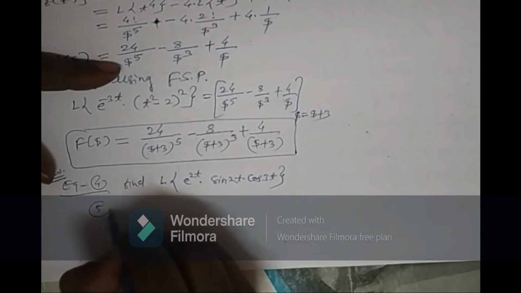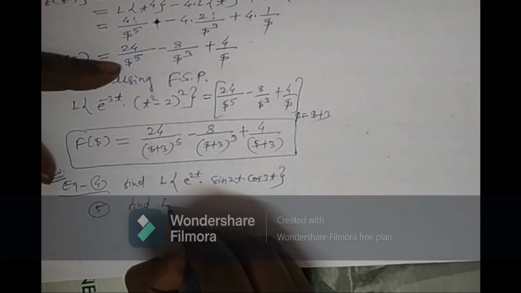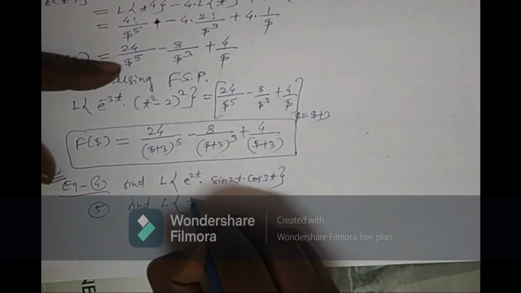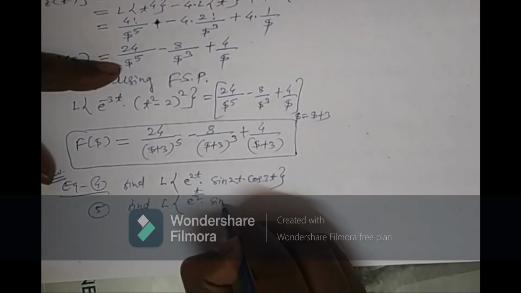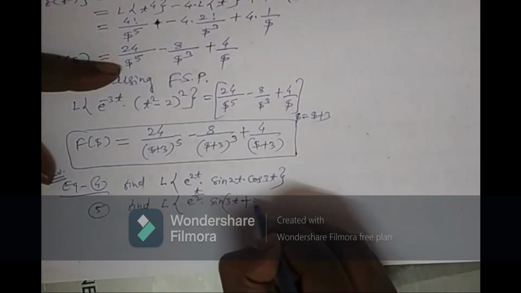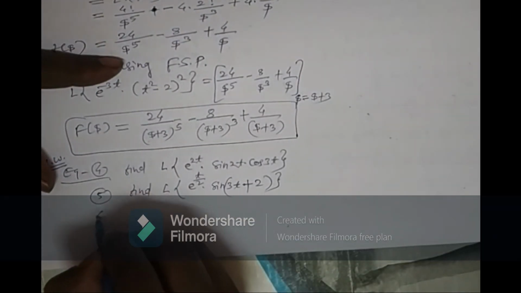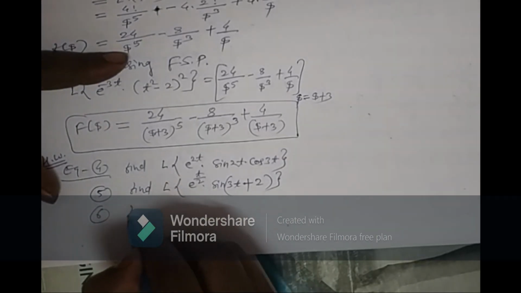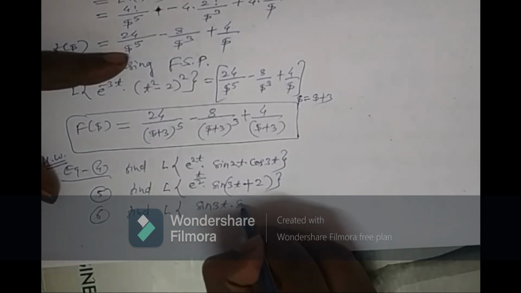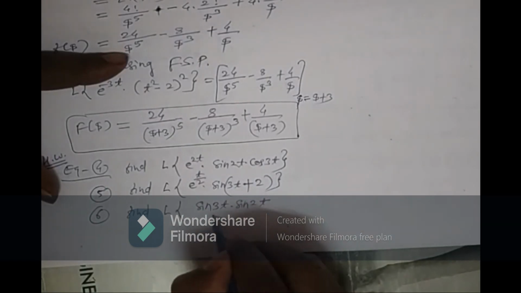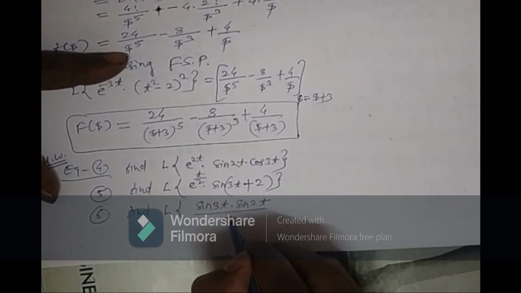Next example: find Laplace transform of e raised to t by 2 into sin of 3t plus 2 bracket close. Sixth example: find Laplace transform of sin 3t into sin 2t divided by e raised to minus t.